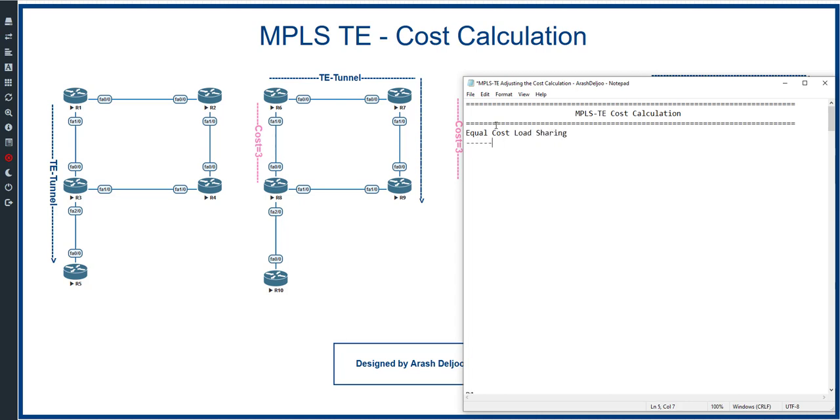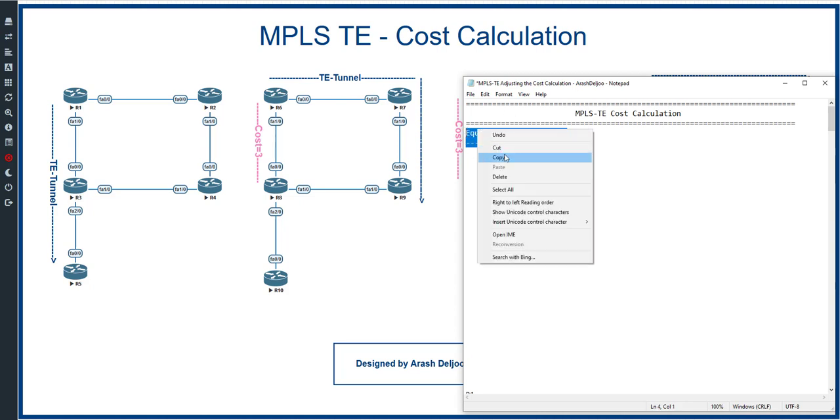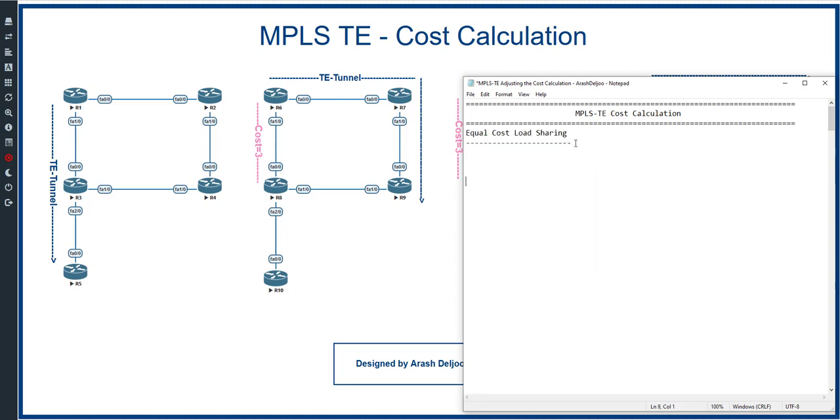You will understand the detail of equal cost load sharing in MPLS traffic engineering. The next topic is unequal cost load sharing. Maybe in some books you see equal cost multipath, or equal cost load sharing, and also unequal cost load balancing, UCLB, or unequal cost load sharing. All of them are the same.